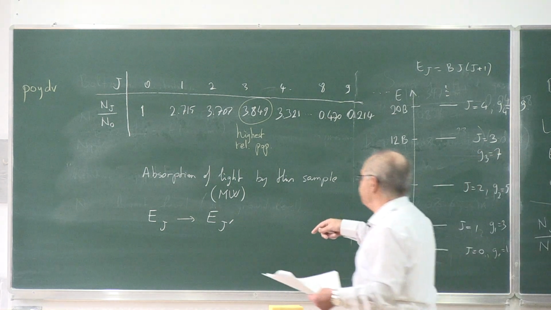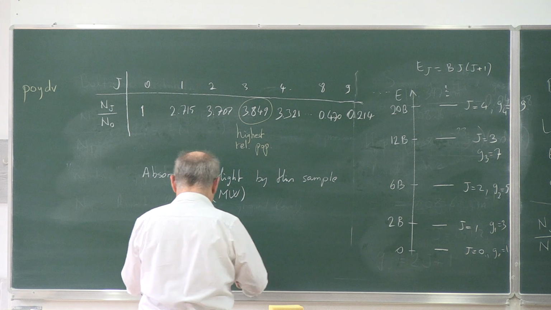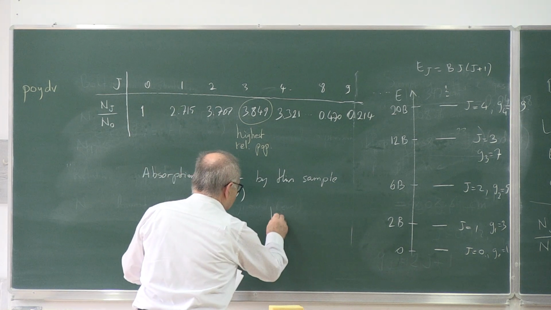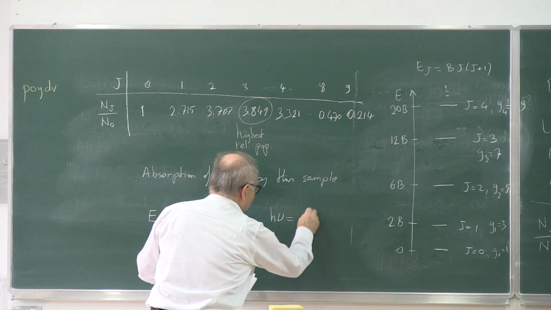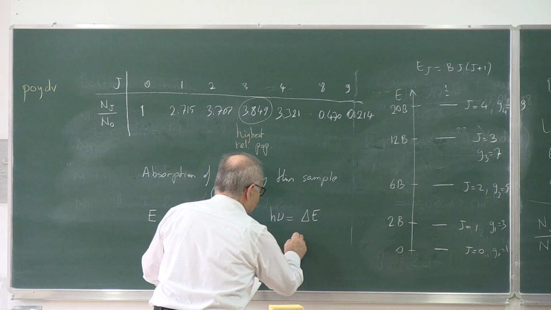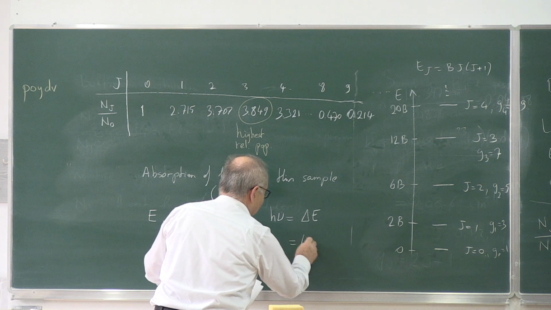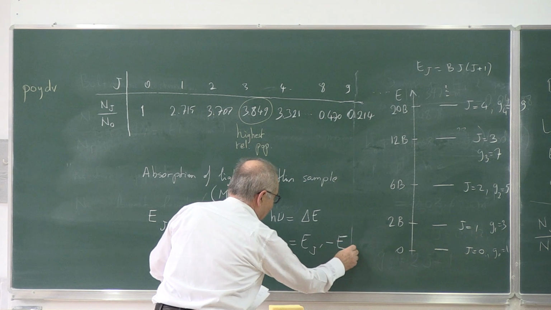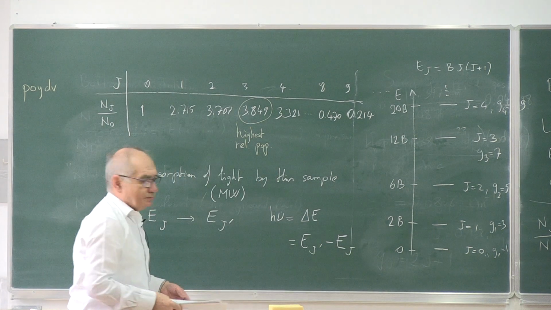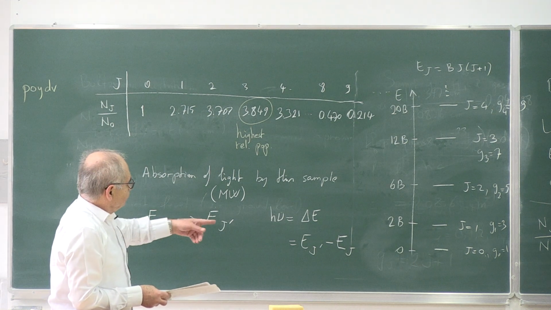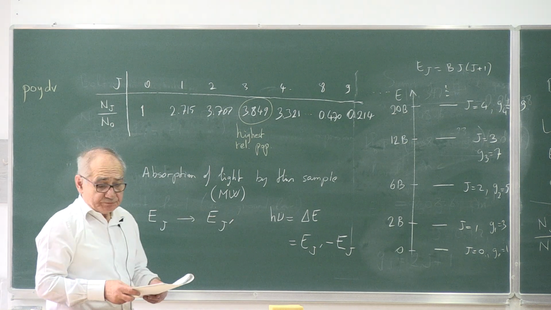So this means photon energy is delta E, which is Ej prime minus Ej. All right.